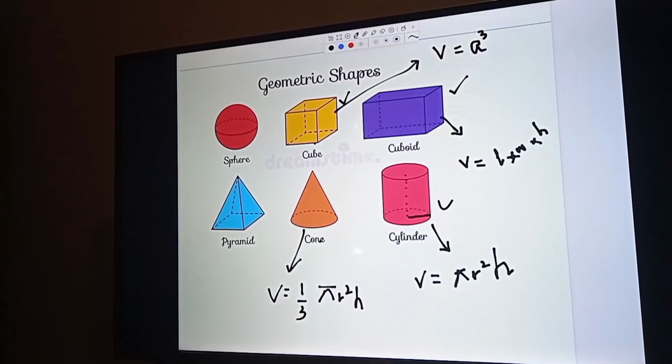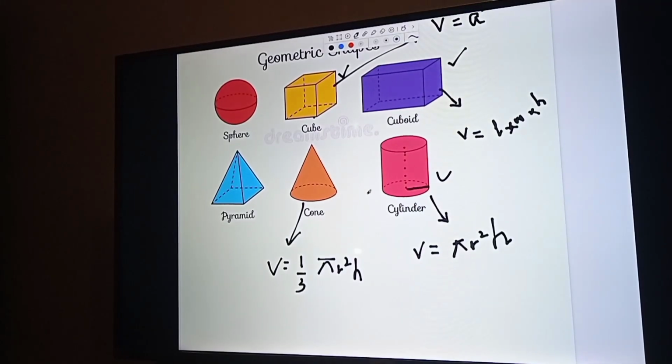That is, the volume of the cone is 1 by 3 of the cylinder. This is 1 by 3 and this is cylinder formula. So volume of the cone is 1 by 3 of the cylinder.